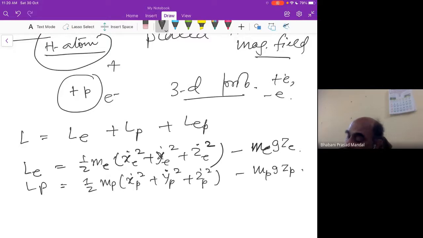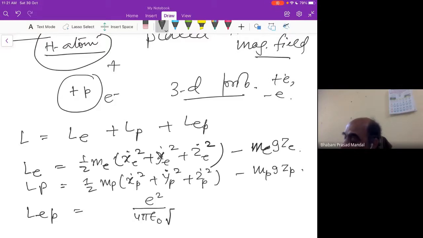We are not considering it in a plane. If you consider it in a plane, then the potential energy may not be there, the z coordinate may not be there. If you have the xy plane, z equals 0, and if you have a vertical plane, then again potential energy will come. L electron-proton, for two charged particles, will be e squared over 4 pi epsilon, though if you don't write that, no problem, then r.